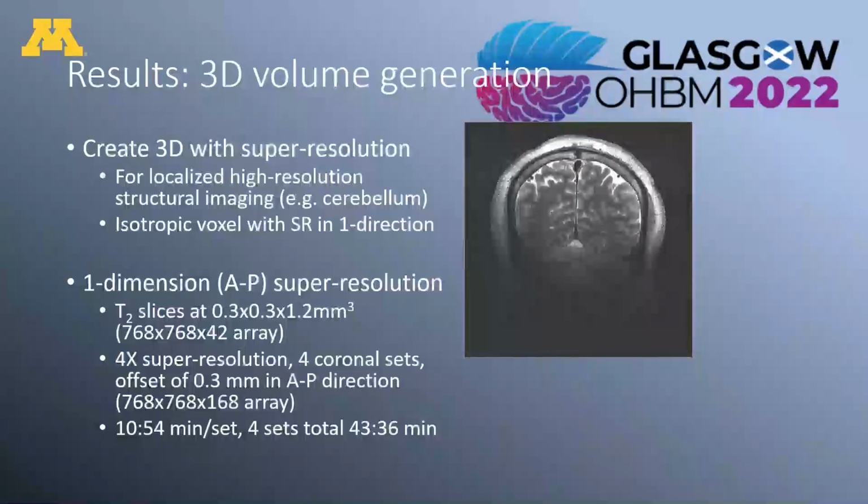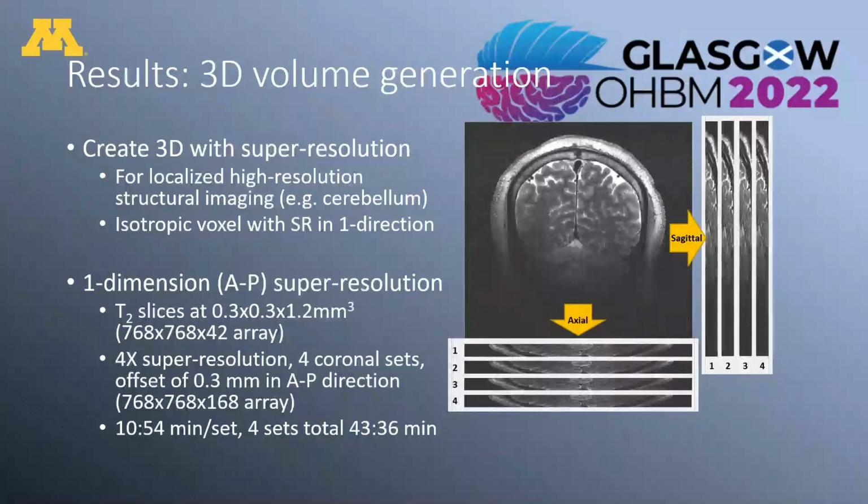And then lastly, I wanted to acquire the 3D volume. So I acquired coronal slices at 0.3 by 0.3 by 1.2, and because 1.2 divided by 0.3 is 4, I acquired 4 sets. Each one is longer, about 11 minutes, but I acquired 4 sets.